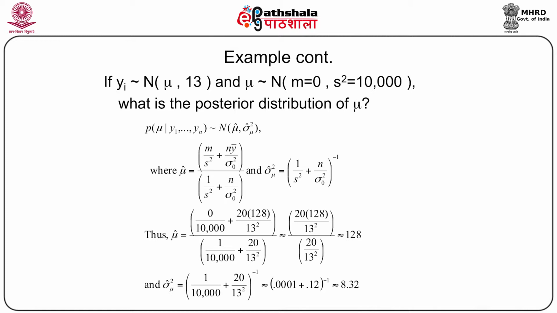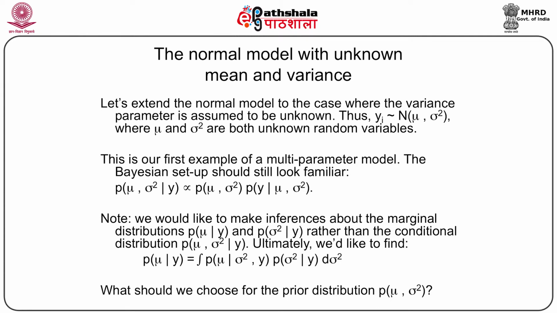Now we'll move to the unknown mean and variance. Let's extend the normal model to the case where the variance parameter is assumed to be unknown. In the last discussion, we assumed from the beginning that the variance is known, but now we'll deviate from that assumption. So yi is now normal with mean mu and variance sigma square.